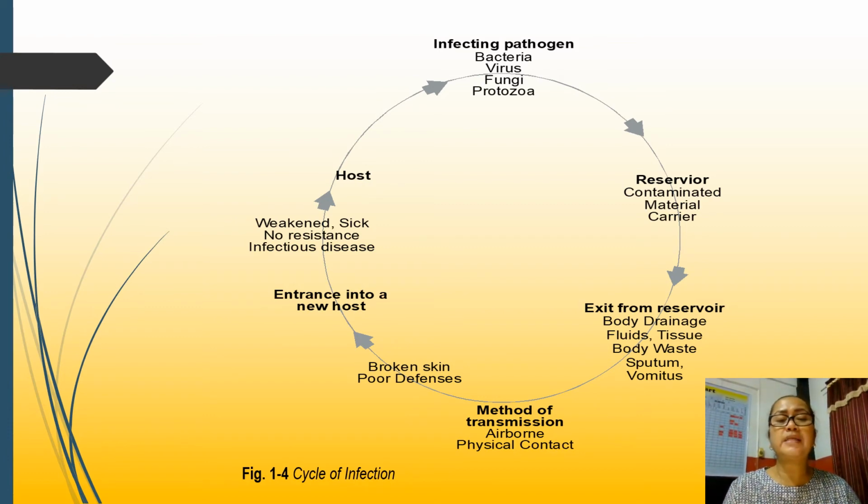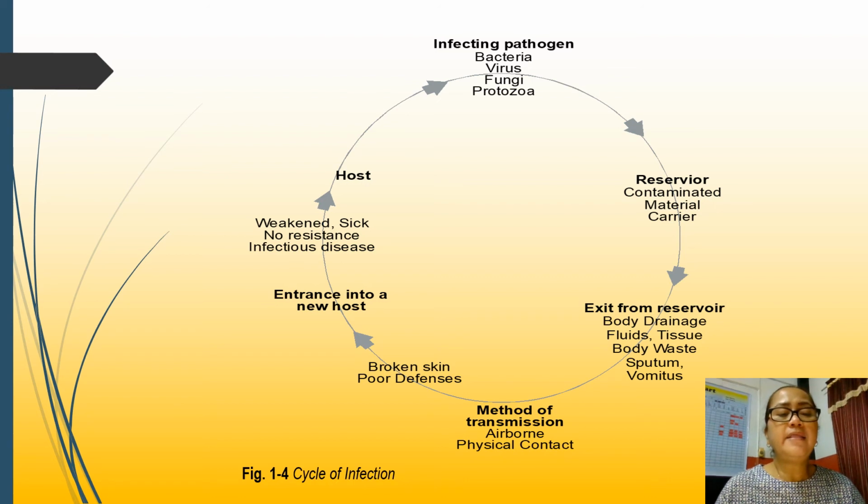The microorganisms, which we call bacteria, virus, fungi, and protozoa. Portal of exit: there is your body drainage, fluids, tissues, body waste, sputum, and vomitus. Then, where they enter, the method of entry. We have airborne and physical contact, either direct or indirect.